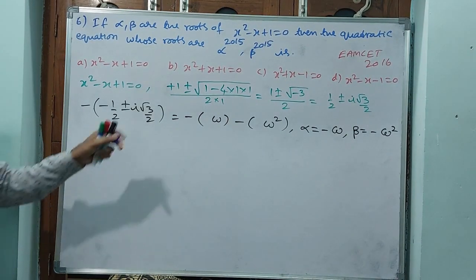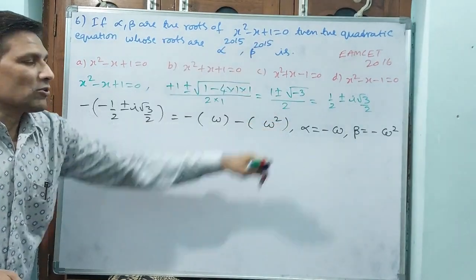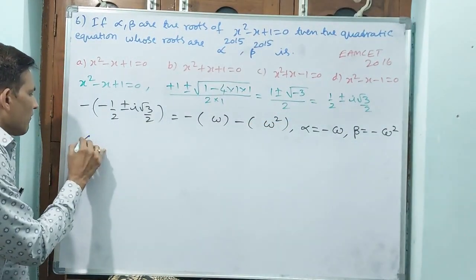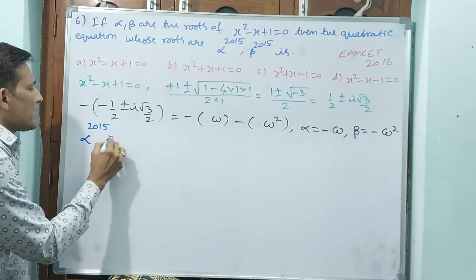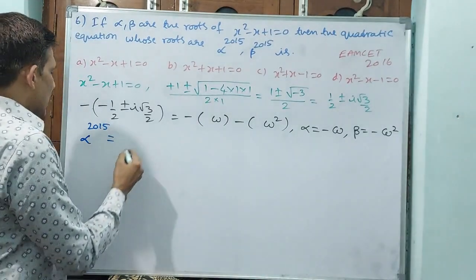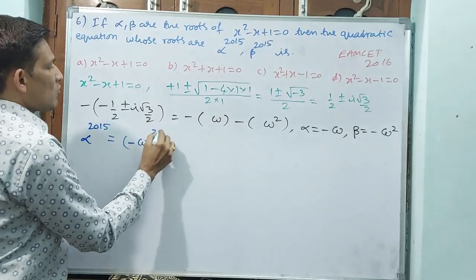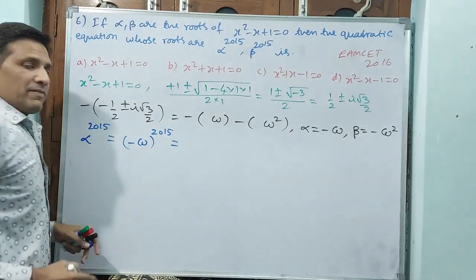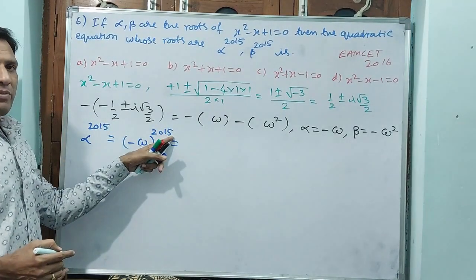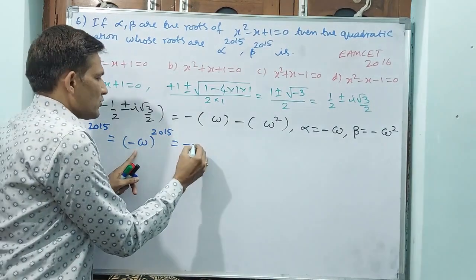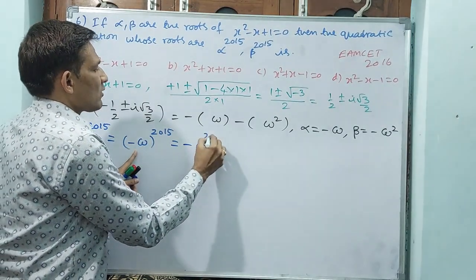Now go for alpha to the power of 2015, beta to the power of 2015. Right now, alpha to the power of 2015 is equal to minus omega whole to the power of 2015. First of all, logically this is not an even number, it is an odd number. That means minus will come. Minus you keep omega power 2015.